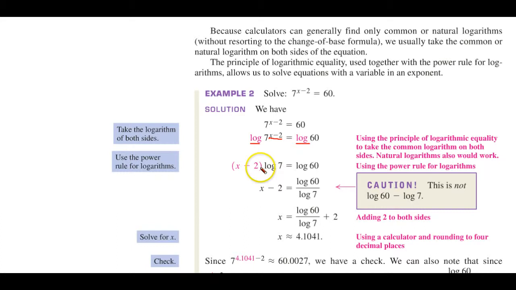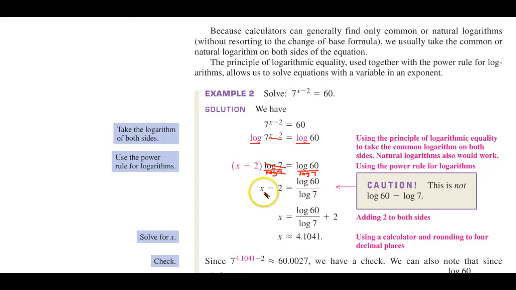Now we have this. Now notice what you can do here. To get this by itself on this side, we're going to divide both sides by the log of 7. Now notice on this side they just cancel out.